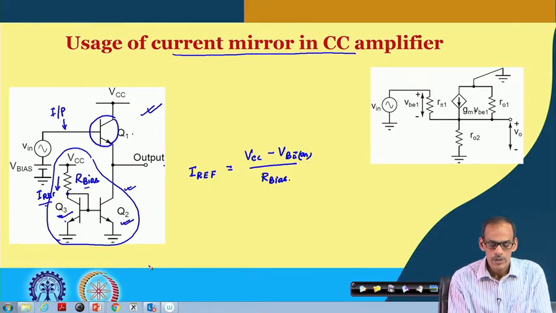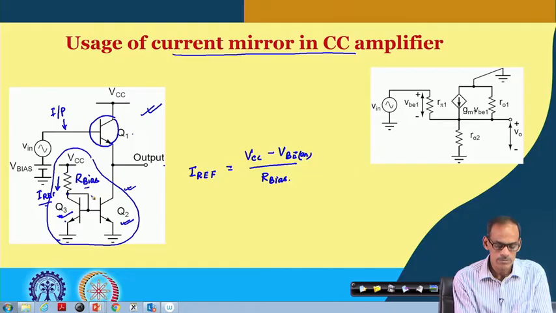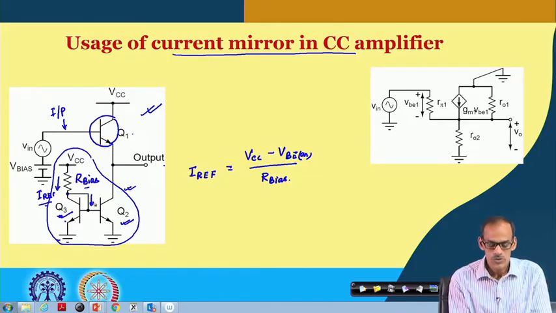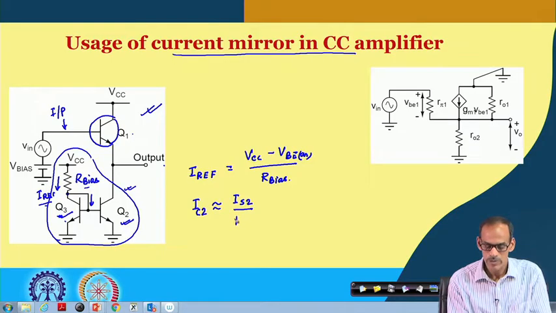And if we ignore the early voltage effect and the beta loss, we can say that the collector current of transistor 2, IC2, is well approximated by Is of transistor 2 divided by Is of transistor 3 multiplied by IC3.